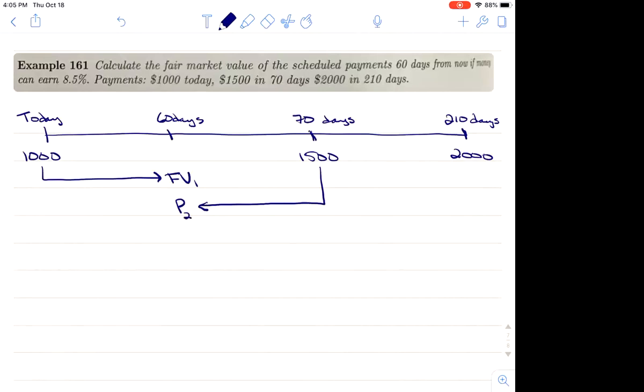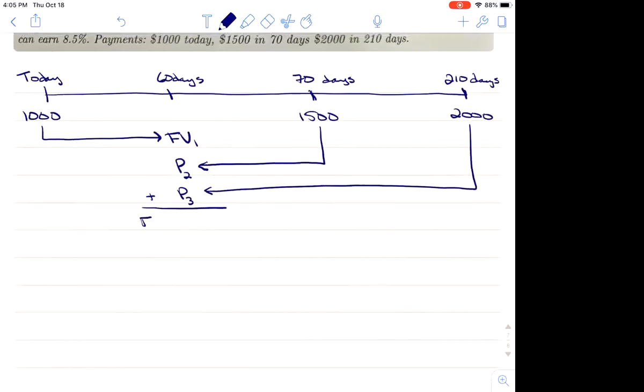The subscripts are just denoting the order of my calculations. The order that we calculate these doesn't matter for this example, but we'll see one where it does later on. And then this last one has to get discounted to some P3. And then the sum of these is the fair market value.